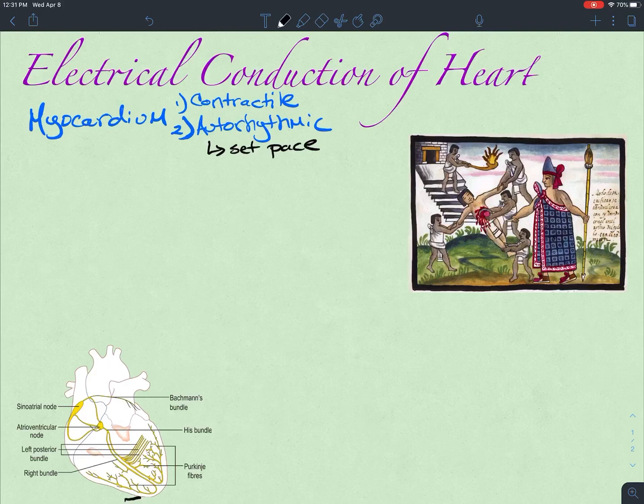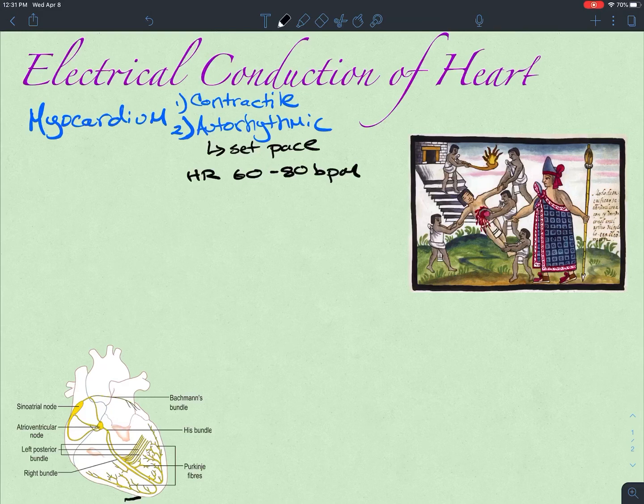So for example, if a resting heart rate is 60 to 80 beats per minute, that's going to be established by the autorhythmic cells.